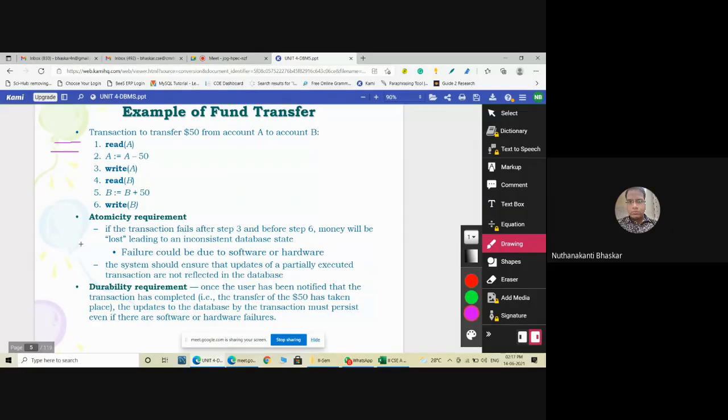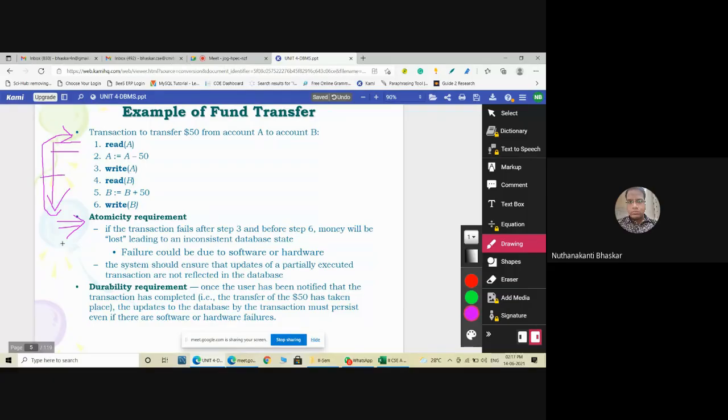Now atomicity, as per your definition just now: if you execute this transaction, it contains some actions, and all actions must be executed. Otherwise, it must be at the starting stage.